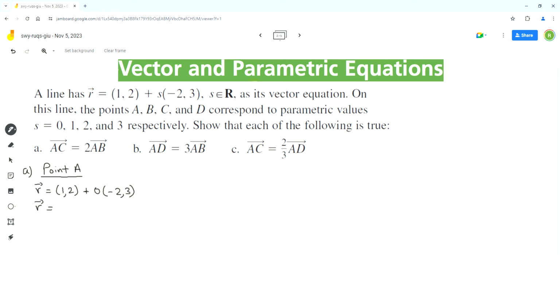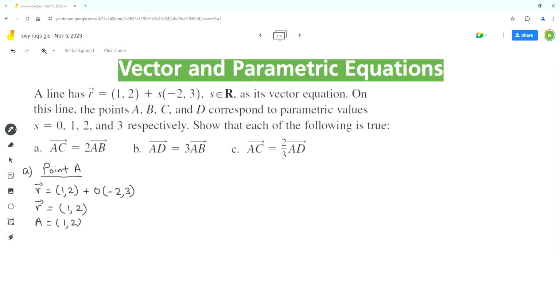Now 0 times vector (-2, 3) will become a 0 vector, so that term will go away. The position vector r is equal to (1, 2). So that means point A is (1, 2).